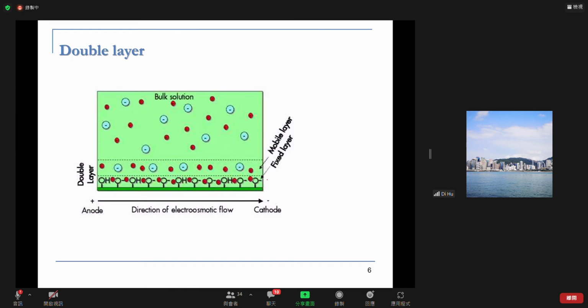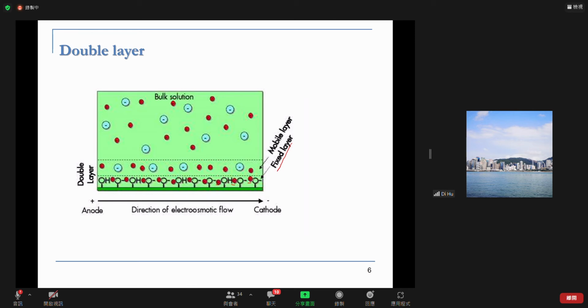The first layer is called the fixed layer. Why? Because those cations are more tightly attracted to these negative sites on the wall, but they don't fully neutralize the negative charge.